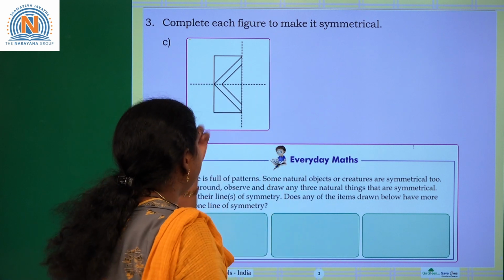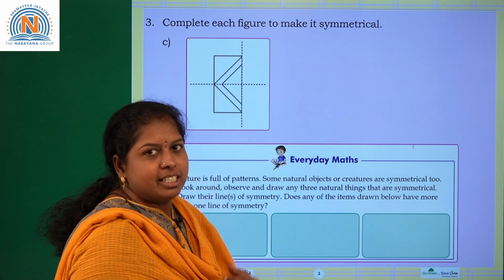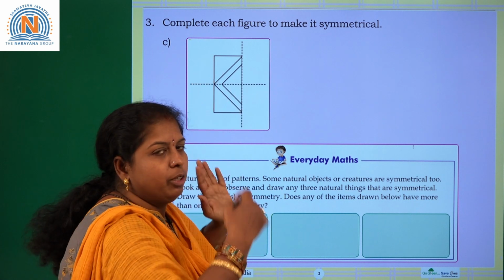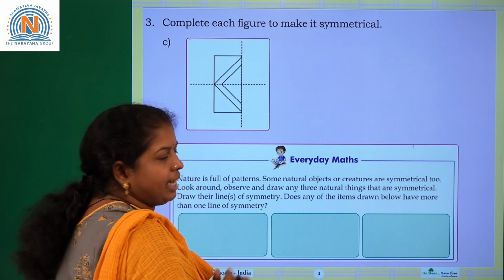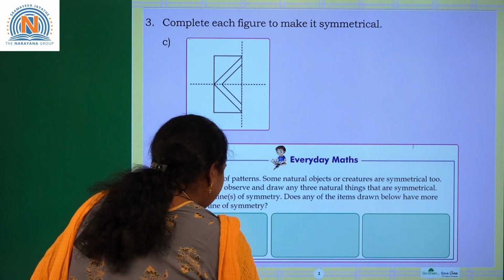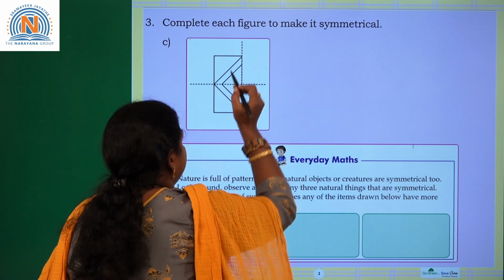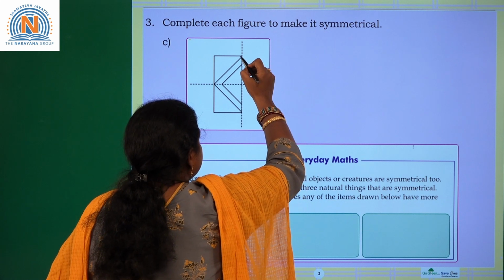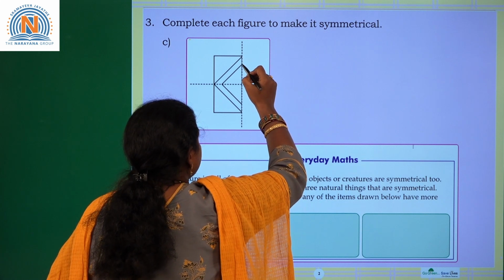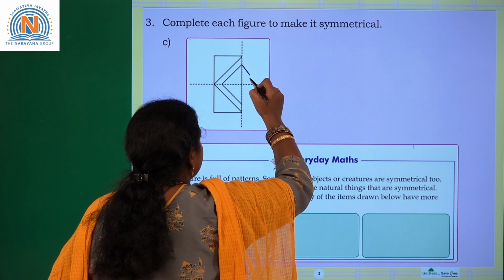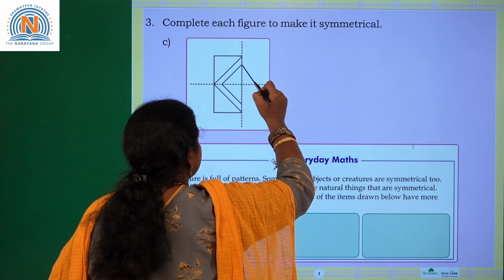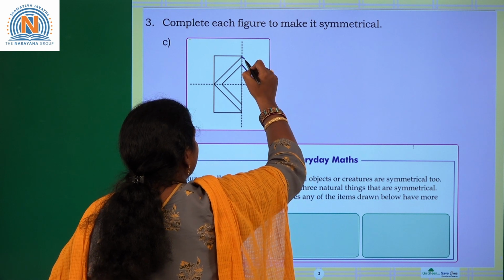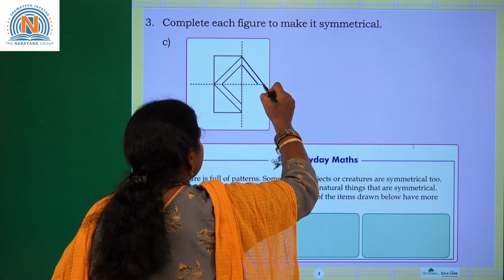Next one, complete each figure to make it symmetrical. See here, one side figure was given and you have to complete the other side, right? Let us complete the other side of this figure. Okay, how will you complete, children? First you take the inner line, okay, and then you take the outer line also.